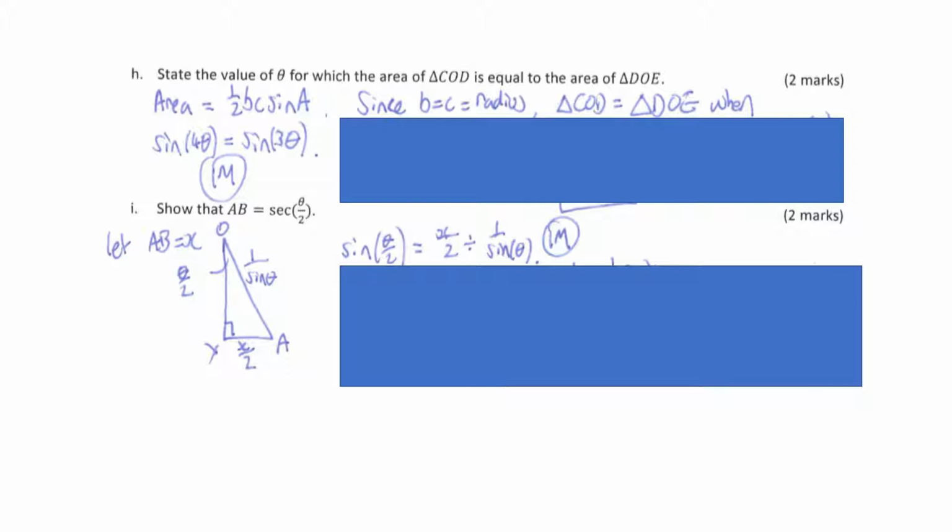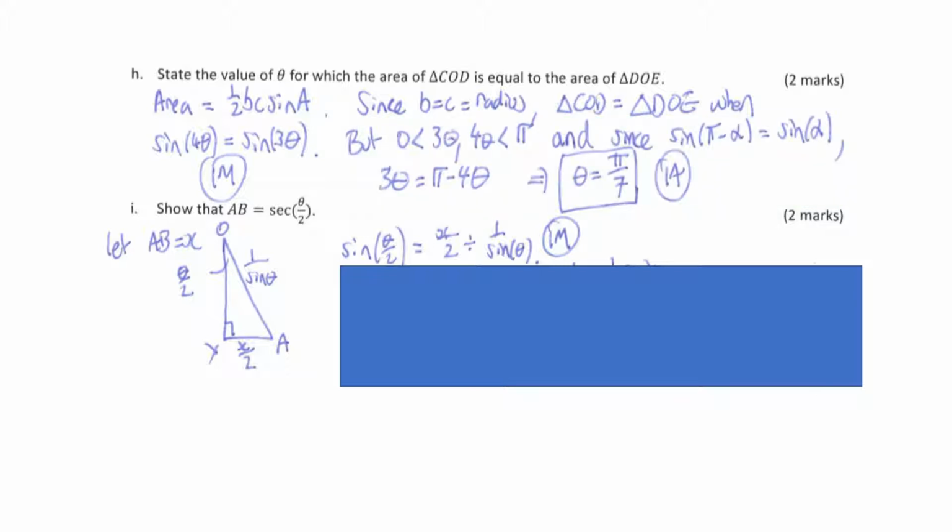So when will two angles between 0 and 180 have the same evaluation of sine? Well, it's got to be via the symmetry property of sine. Sine of pi minus that angle is equal to sine of that angle. We can apply it, so 4 theta being the larger angle, pi minus 4 theta must have the same value as 3 theta.